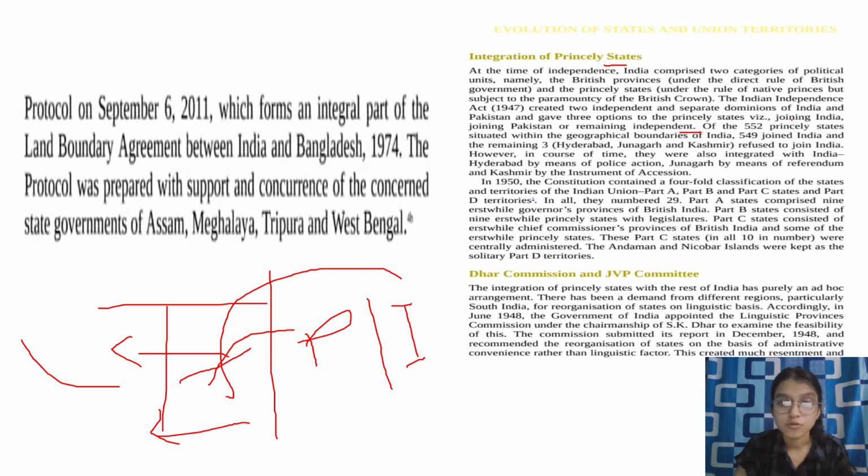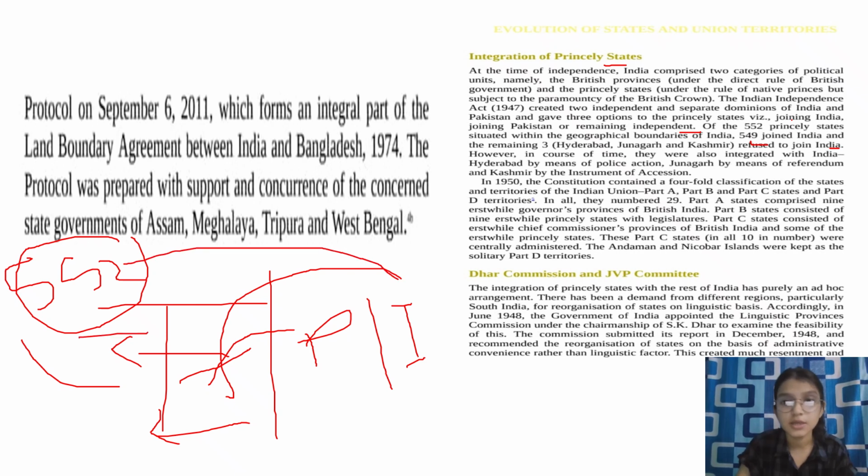There were 552 princely states situated within the geographical boundaries of India at that time. 549 joined India, and the remaining three, Hyderabad, Junagadh, and Kashmir, refused to join India. However, in course of time, they were also integrated with India: Hyderabad by means of police action, Junagadh by means of referendum, and Kashmir by the instrument of accession.